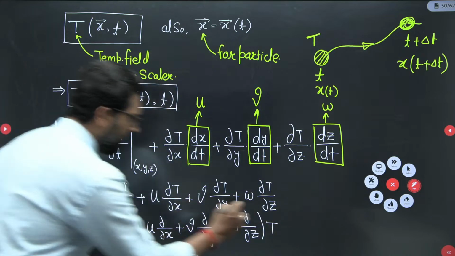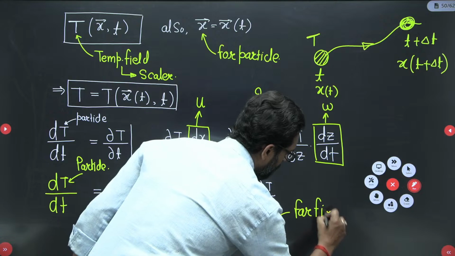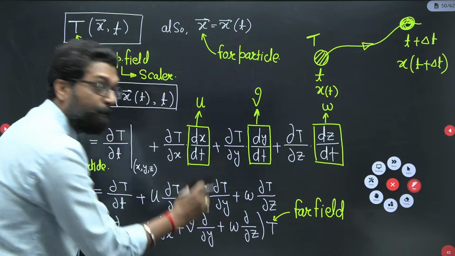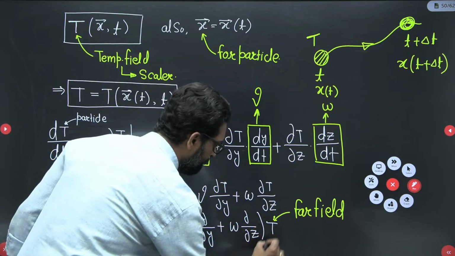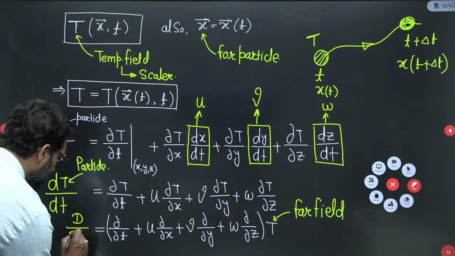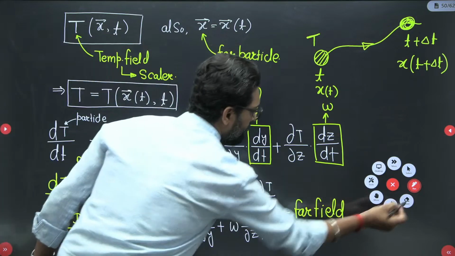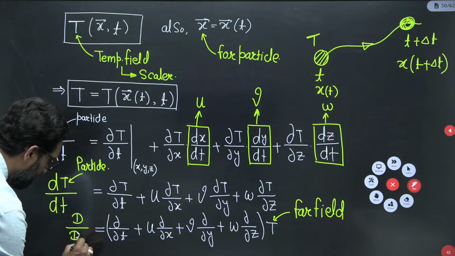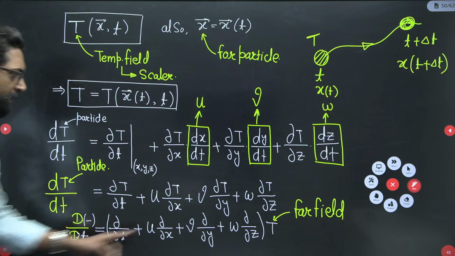And this total is known as capital D by Dt, and here T is for the field.